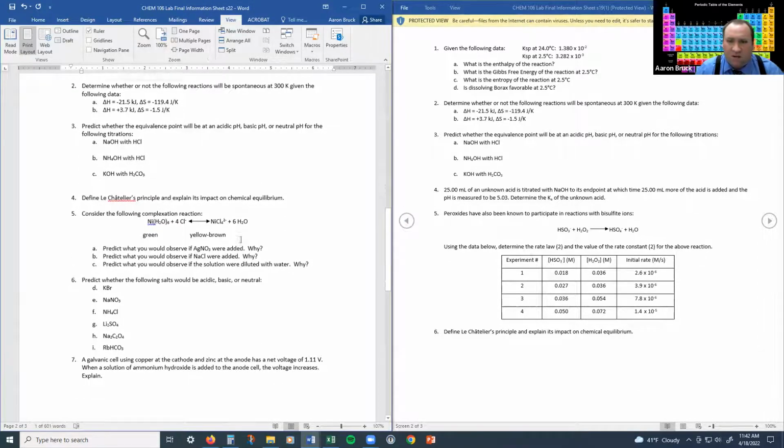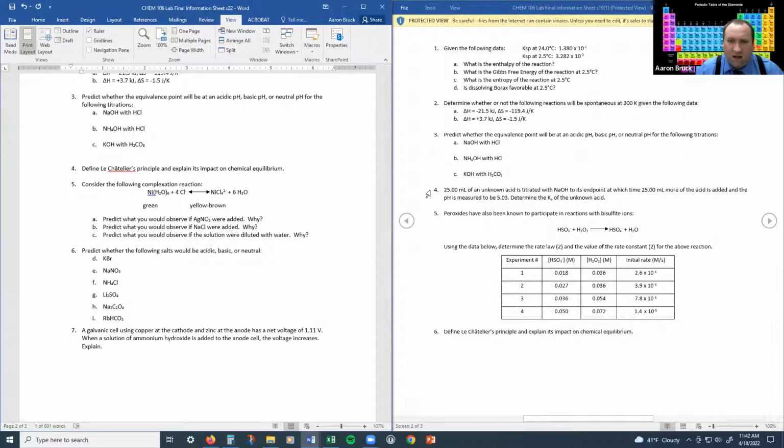but some are different. Here's a more specific titration and Ka question. Here is a graphing kind of question.